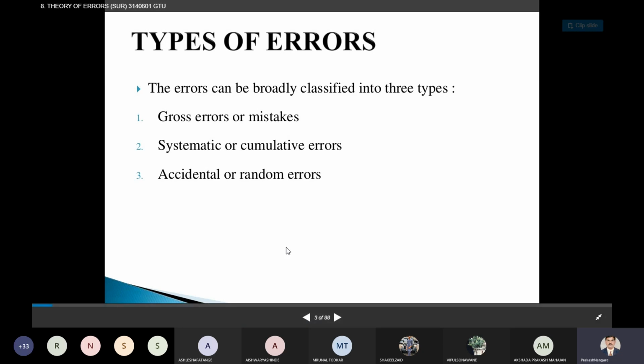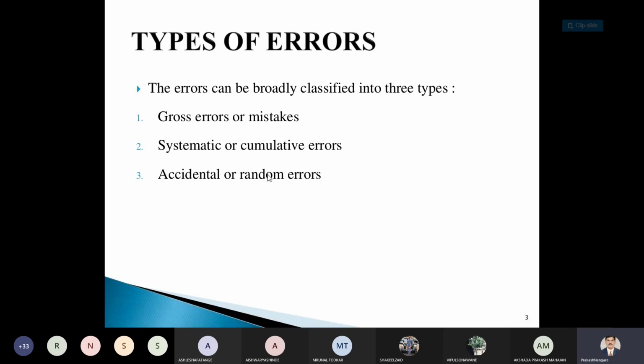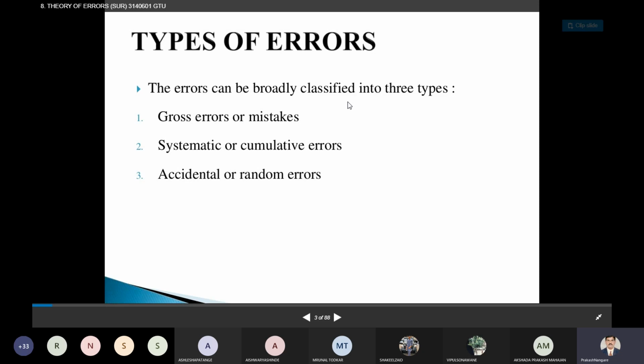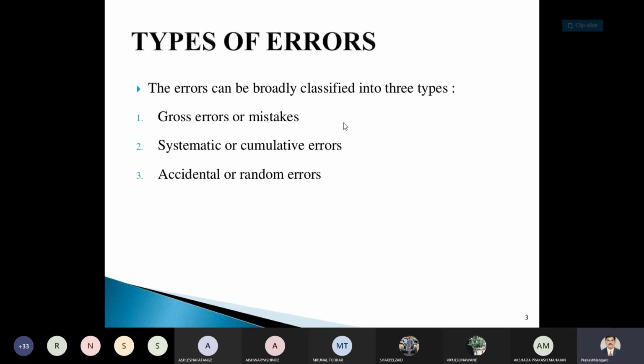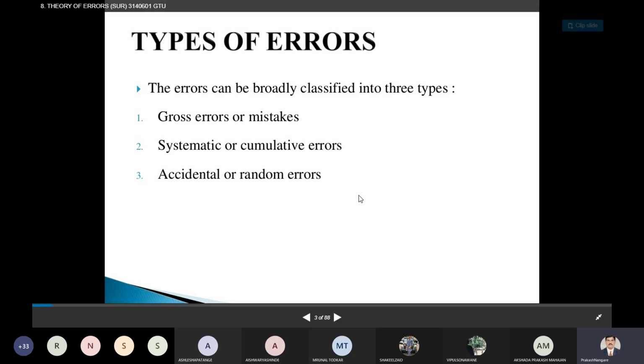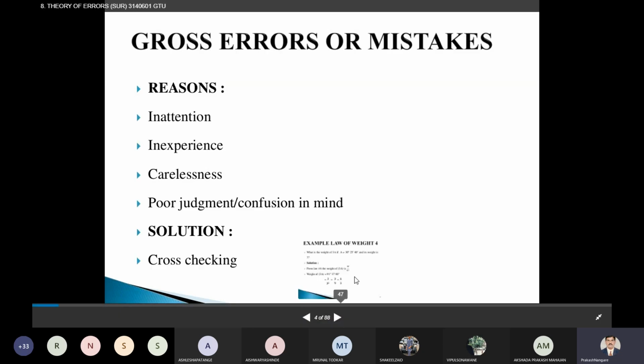So the three types of error: first, gross error called the mistake; second, systematic error called the cumulative error; and third, accidental error, or random error.